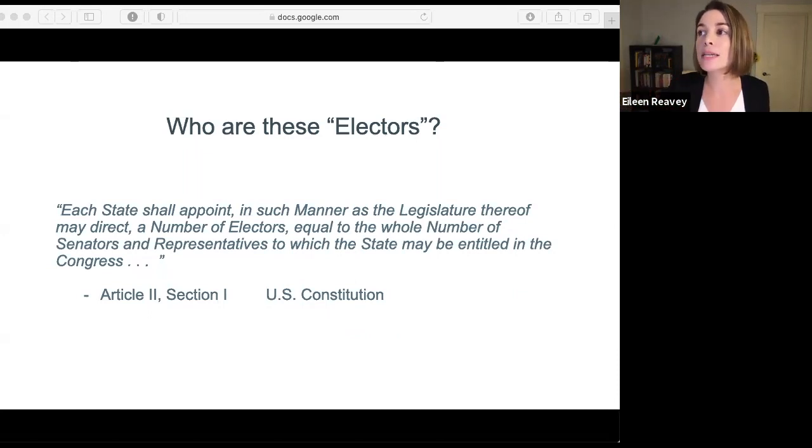What that really means is the state legislature has the power to decide the manner in which our electors are chosen, and this is a power that the Supreme Court has termed plenary, or an absolute power of the states.